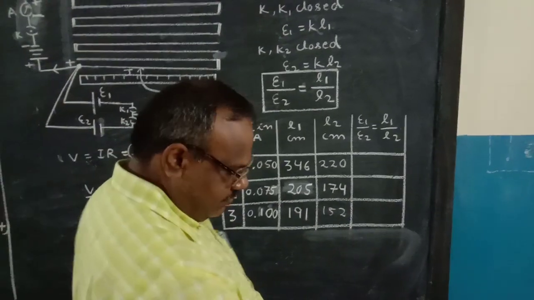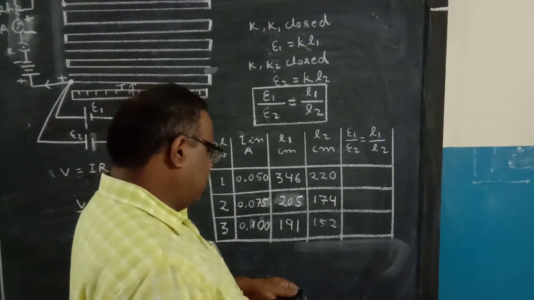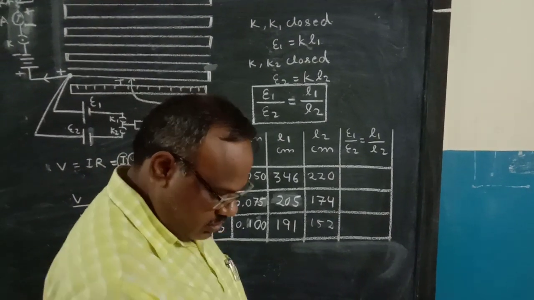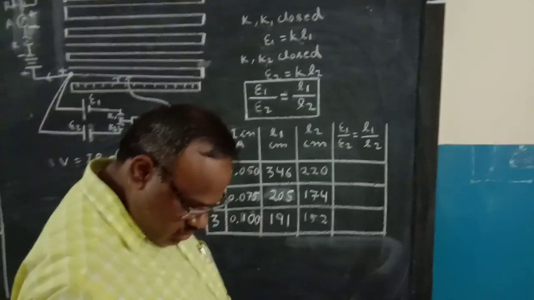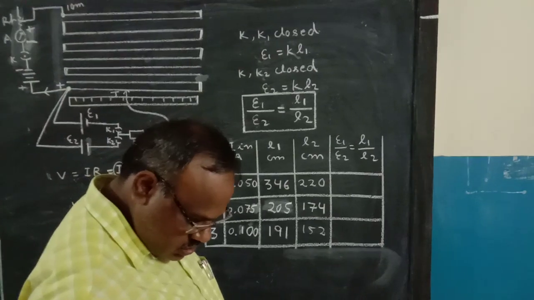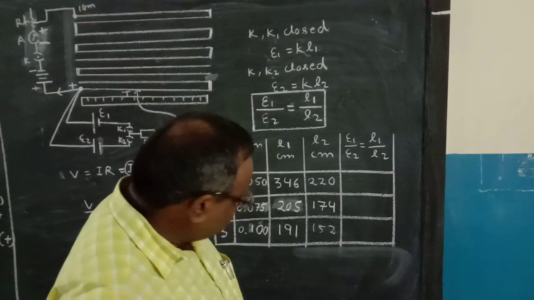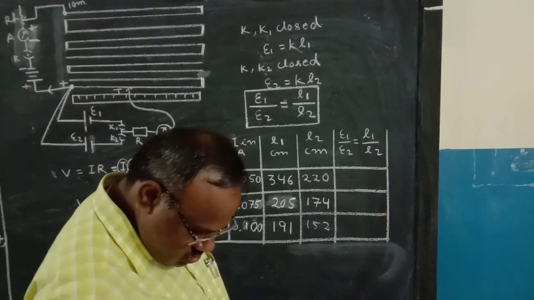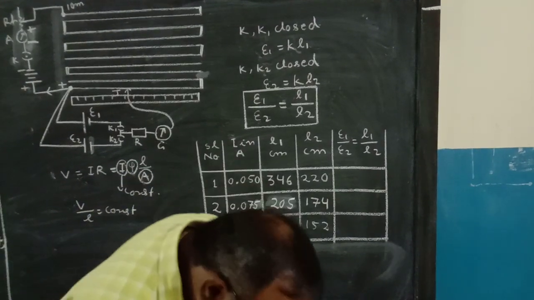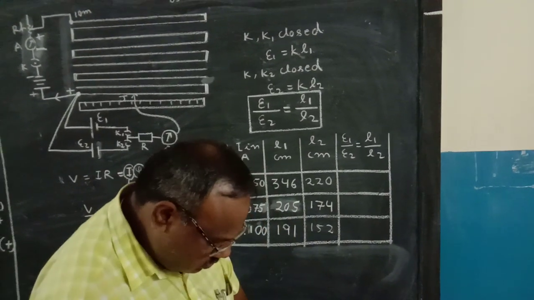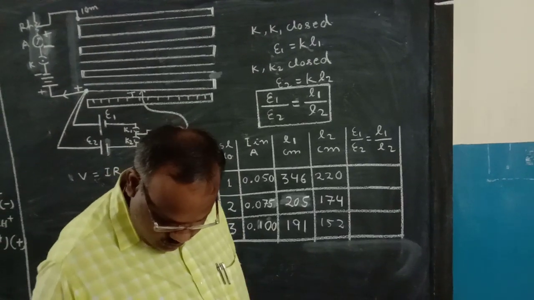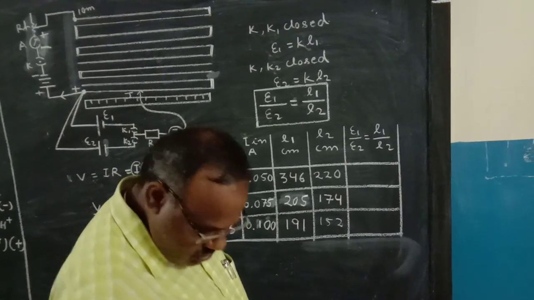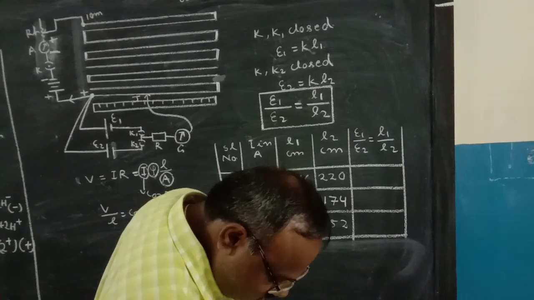Now if you want to divide it, then what do you do? Suppose I am taking 346 divided by 220. It is coming around 1 point something. Let us see the second one.